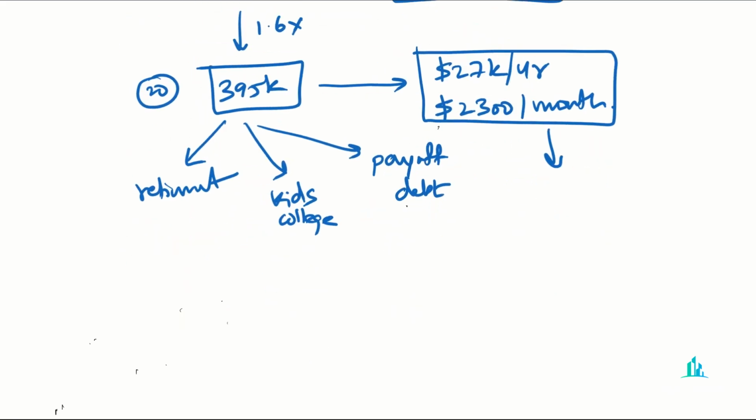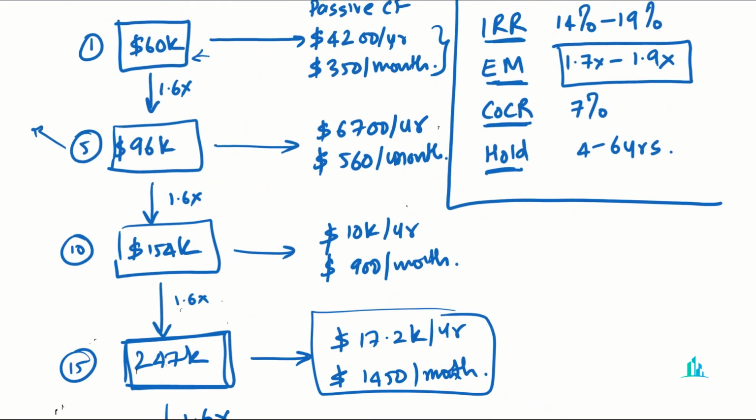So let's move on to an Excel that kind of simplifies this flow, and play with some of these numbers. We will play with the equity multiple, and we'll play with injection of new capital every year and see how we end up.